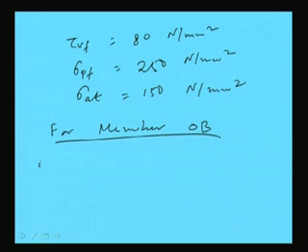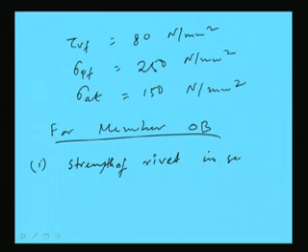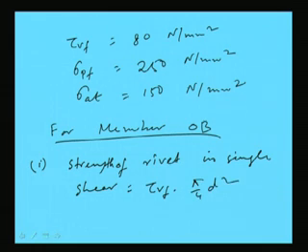So, what we will do? First we will find out the strength of rivet. Now, this we can consider as a single shear. So, strength of rivet in single shear will become tau Vf into pi by 4 d square.